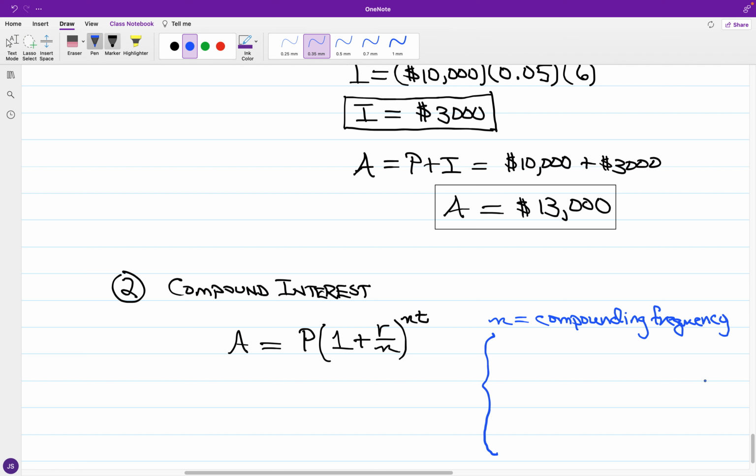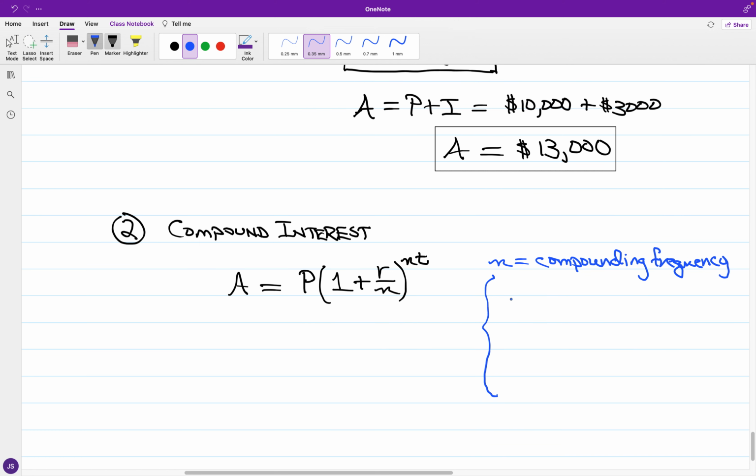And there are various descriptive terms. Okay, so if you're looking at annual compounding, okay, so you're looking at one time a year.